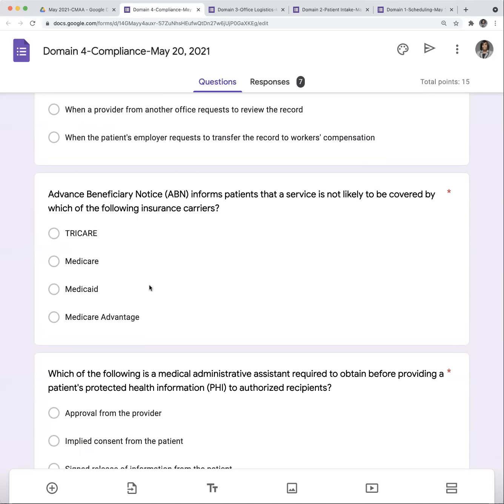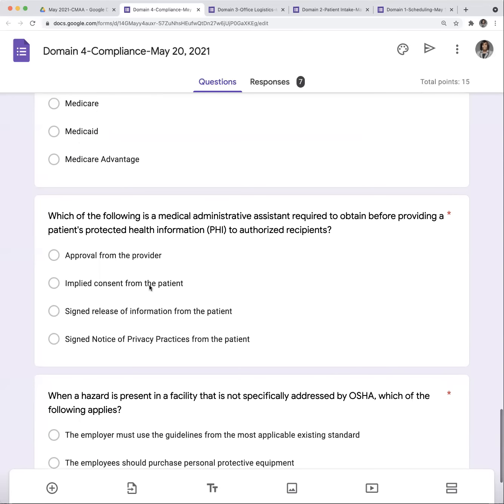ABN informs the patient that the service is not likely to be covered by which of the following insurance? Medicare. Medicare is correct. Which of the following is a MAA required to obtain before providing the patient's PHI? A signed release of information from the patient.